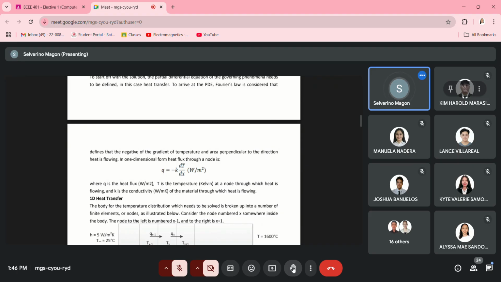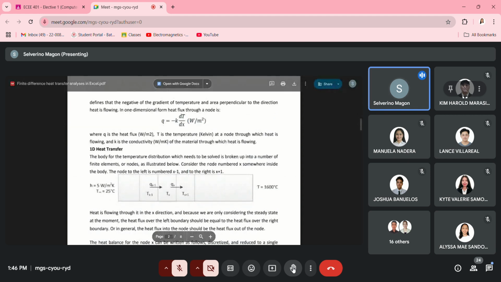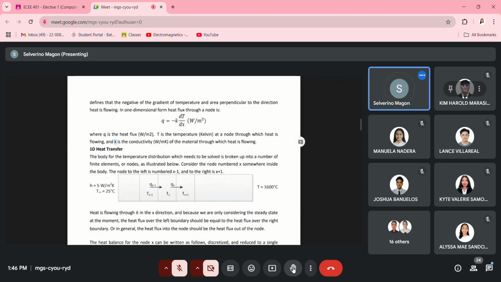And then we'll take note of the thermal conductivity, K, right here. So we begin by doing the exercise in one dimension analysis of heat transfer.